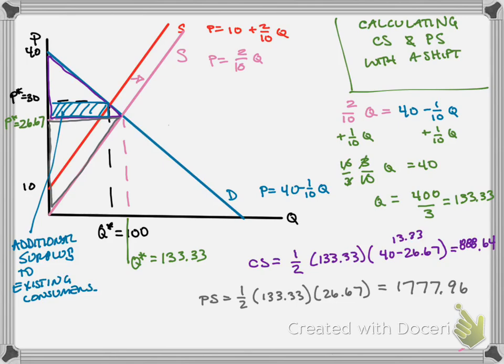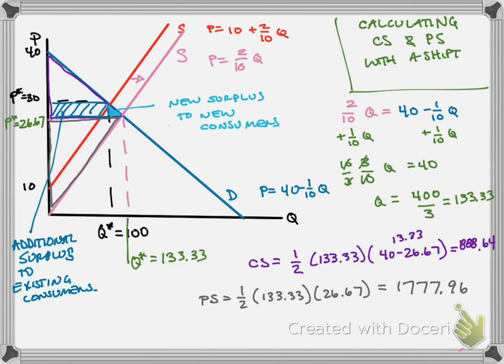We also get this small area right here, this triangle. This here is new surplus to new consumers. These are the consumers that did not consume at the higher price, but now at a lower price are willing to consume.